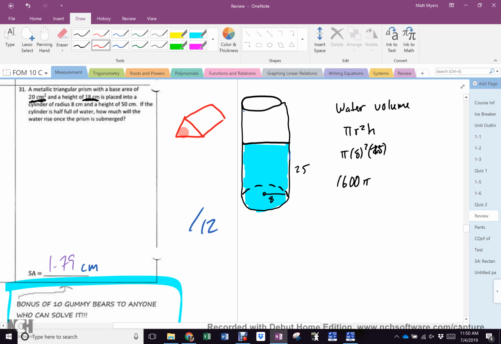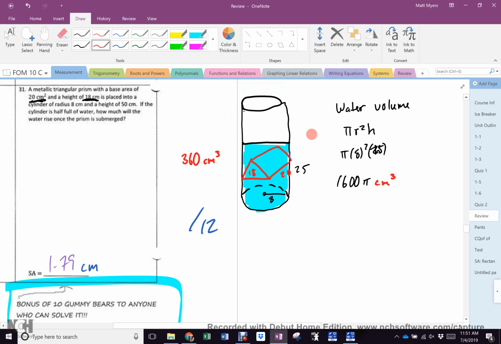So that's 360 centimeters cubed. Yes? Everyone agree? Okay. So right now, this is 1,600 pi, right? Everyone agrees? Centimeters cubed, yes? Now, what is going to happen to this water when I drop this in there?